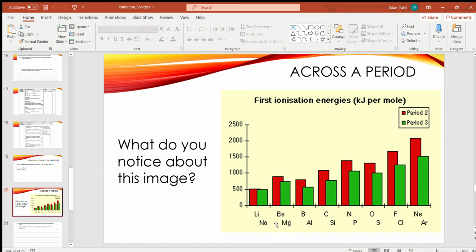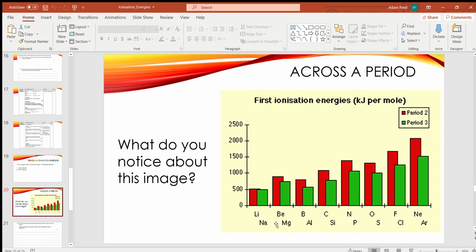Because nitrogen is p3, your electrons singly fill each orbital in that p subshell, whereas oxygen is p4, so you have the singly filled 3, but then the remaining 1 of the 4 would have to fit into the same orbital as another electron.